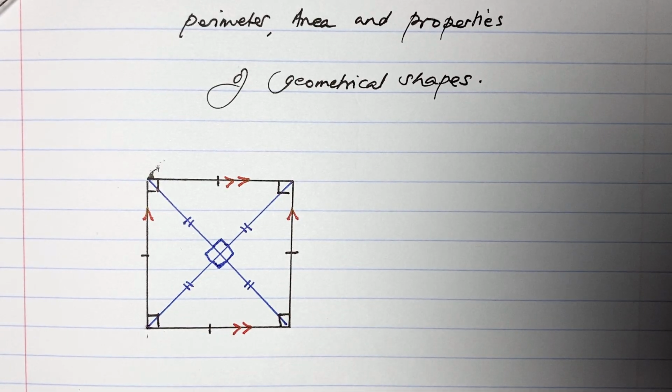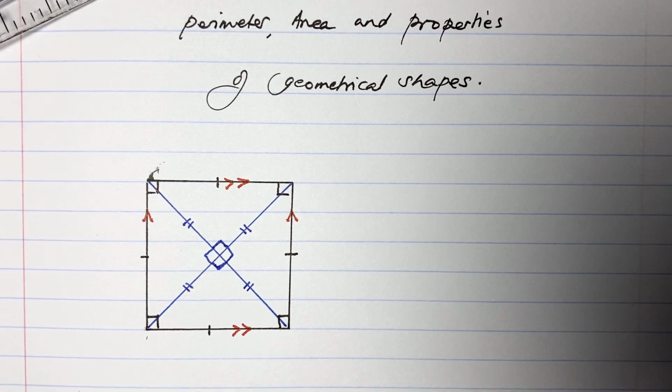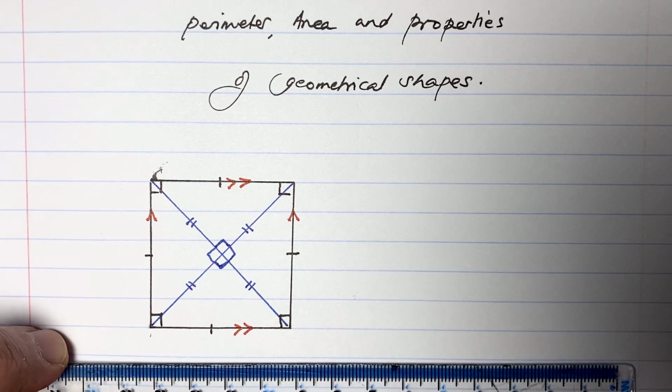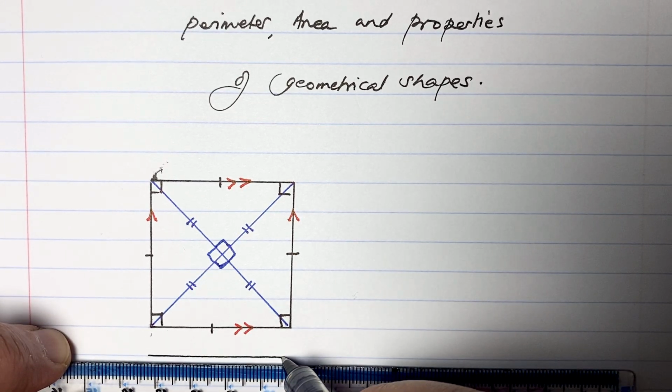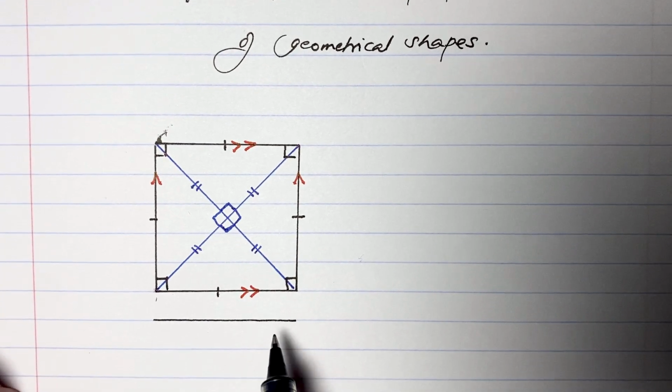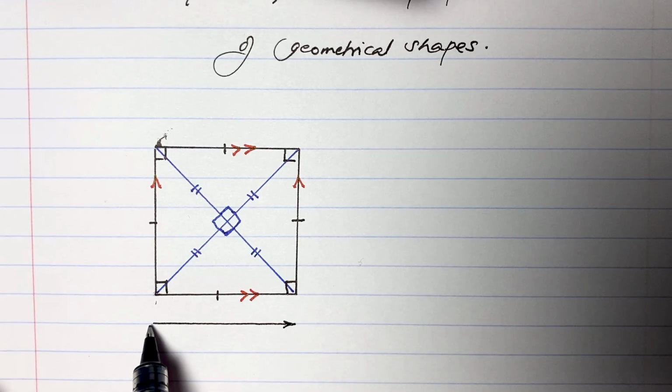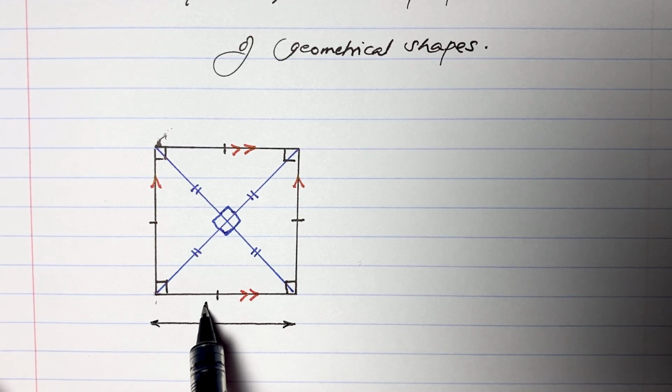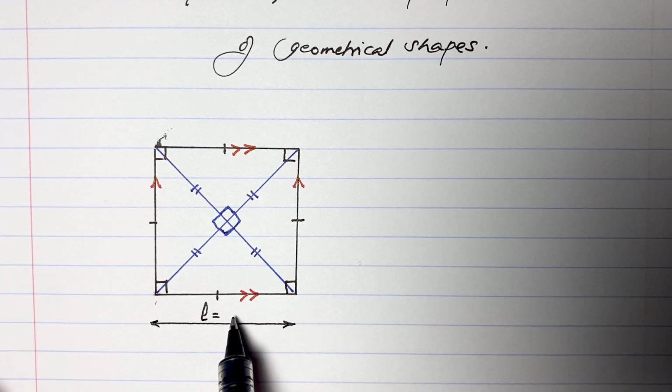For the perimeter, all I need is the length of one side. Say the length is 4 centimeters for the sake of argument.